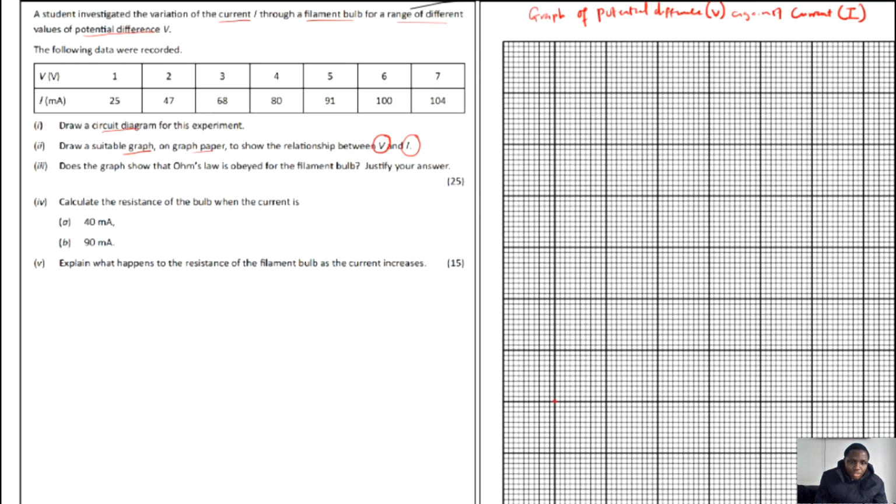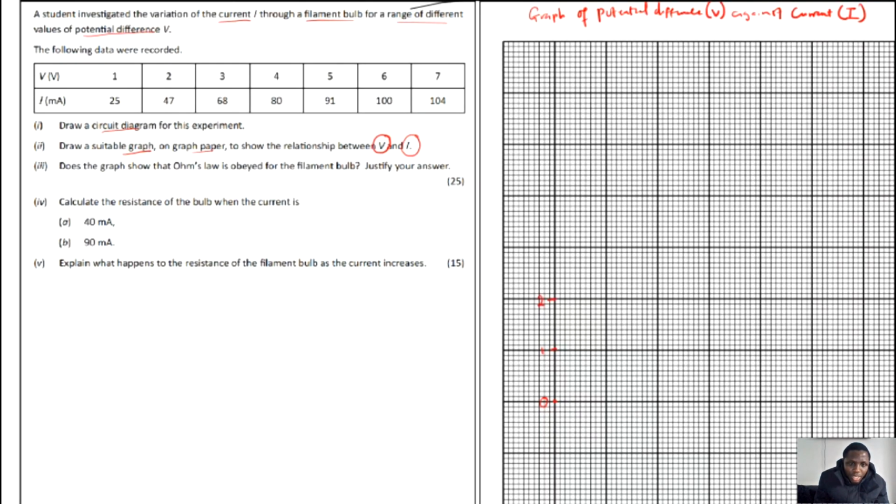Do I have 1 to 7 here? 1, 2, 3, 4, 5, 6, 7. So if I make this one my 0 now, I have another 1 to 7 boxes. I can make it up to 7.